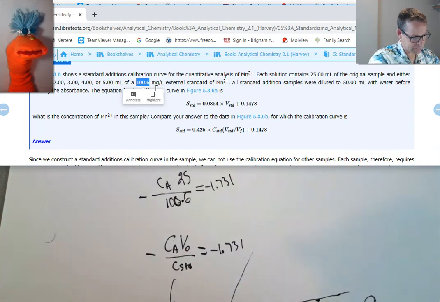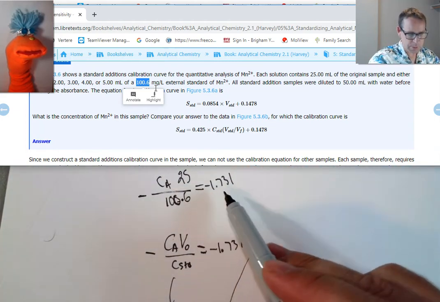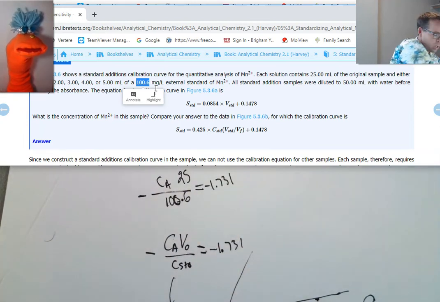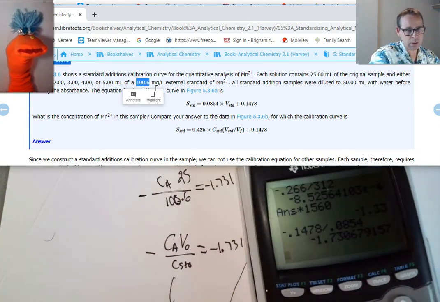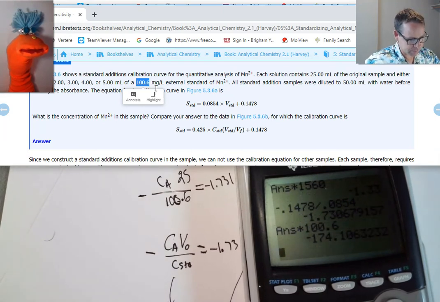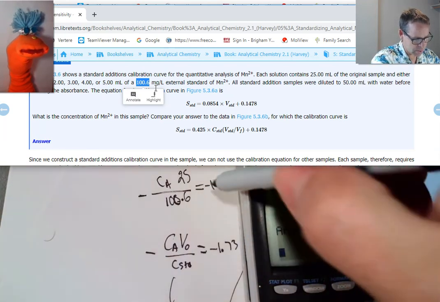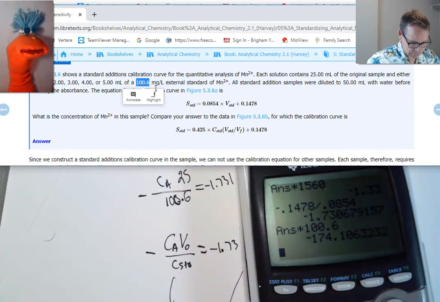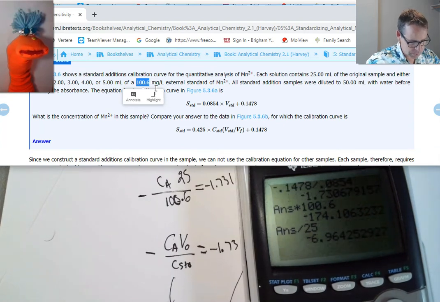So we can divide both sides by negative 1, or just take our 1.731 and multiply it by 100.6. That is going to equal 25 times the concentration of our analyte. So divide by 25, and get rid of the negative sign.